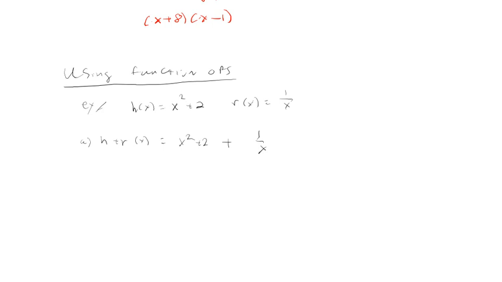Looking at this, is there any way I can simplify this? Can I combine all these together? Well, I have a fraction, 1 over x, and if I want to add fractions, I have to make these other things fractions, giving them an x on the bottom and the top, and it gets messy.